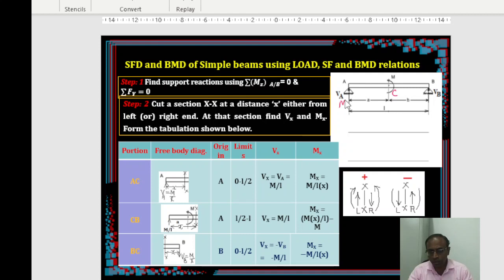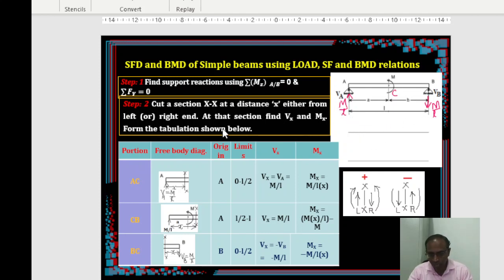Here the couple is anti-clockwise, so the reactions will form a clockwise couple to balance this; left side upwards, right side down. If you do not understand this now, you can simply use the equilibrium equations sigma Mz and sigma Fy, right? You will get these values.